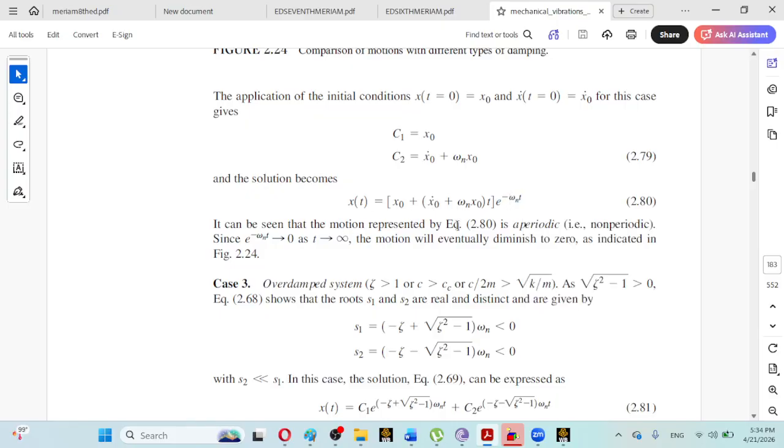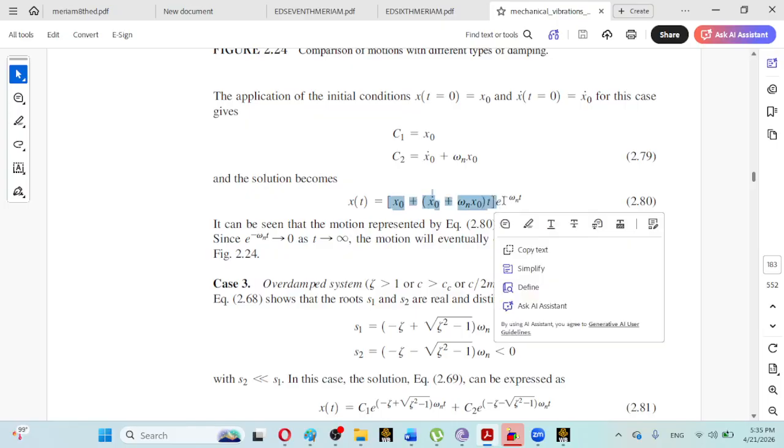As t tends to infinity, since the power is negative, this term goes in the denominator, so something divided by infinity is equal to 0.